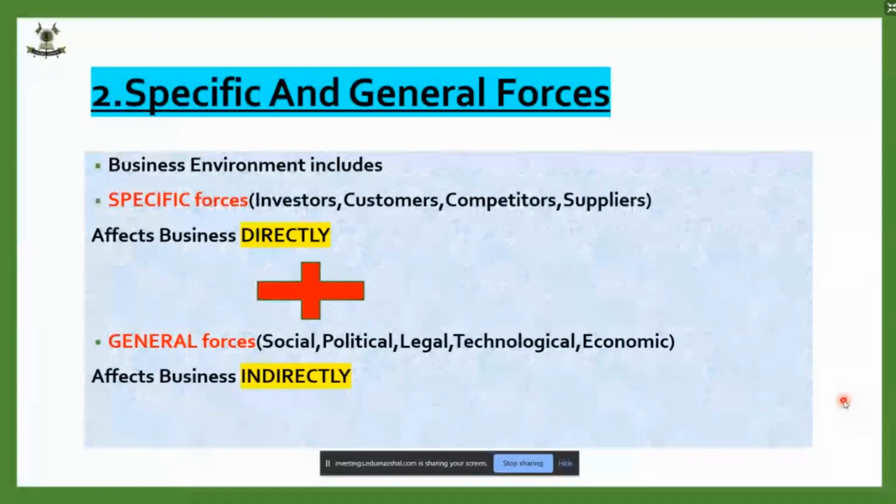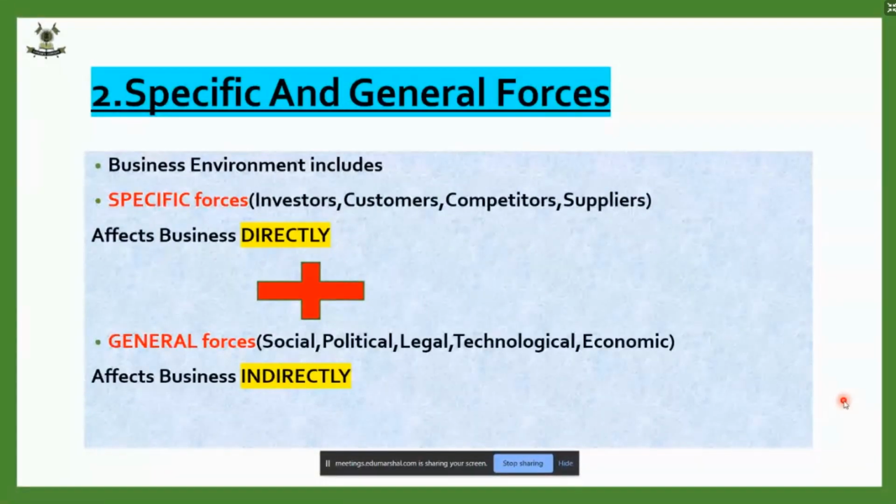And then business environment is not only made up of these specific forces which make the inner circle, but there is an outer circle which comprises general forces. Now, what do you mean by general forces, children? It means social, political, legal, technological, and economical. We call it a SLEPT analysis or PESTLE analysis also.